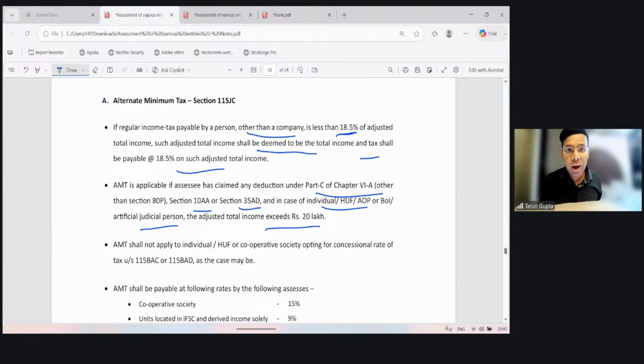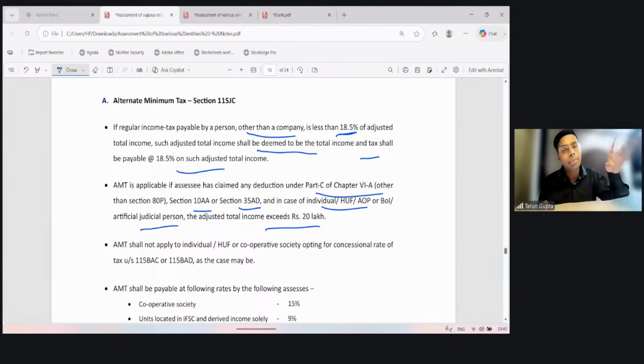So if you're an individual, HUF, AOP, BOI or AJP and your adjusted total income is less than 20 lakh, even though you have claimed 10AA or 35AD or Part C of 6A, still AMT is not applicable.